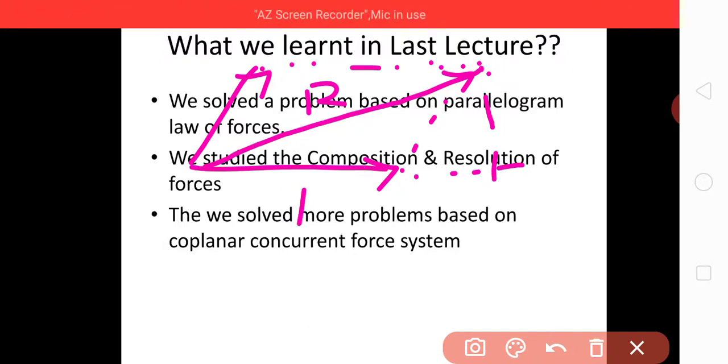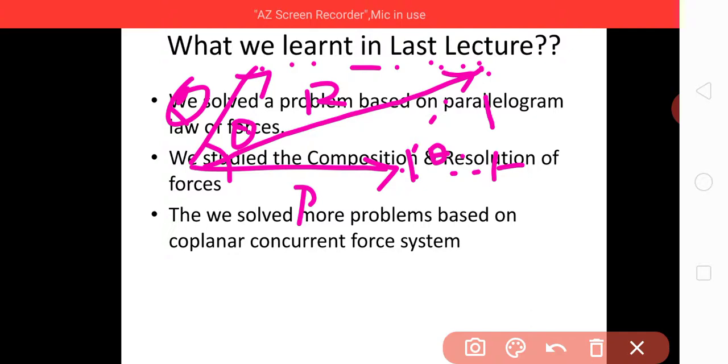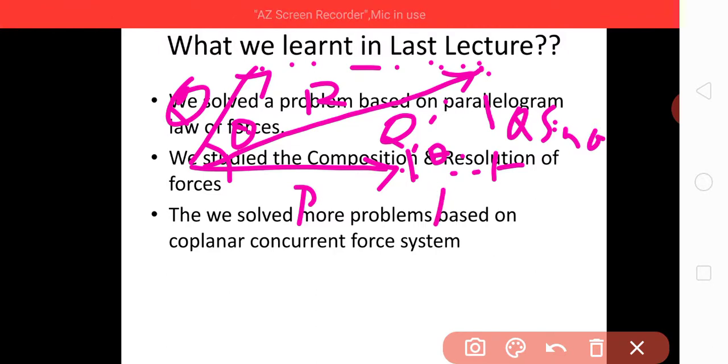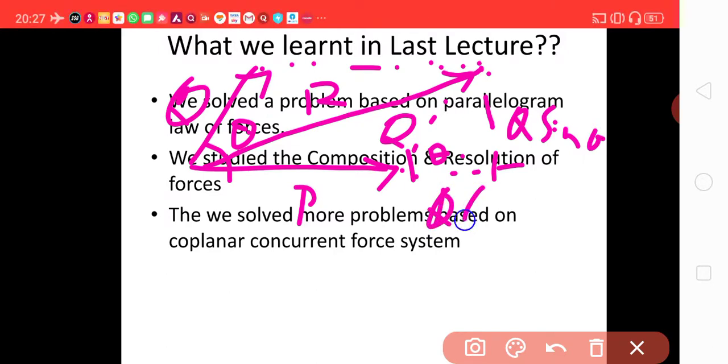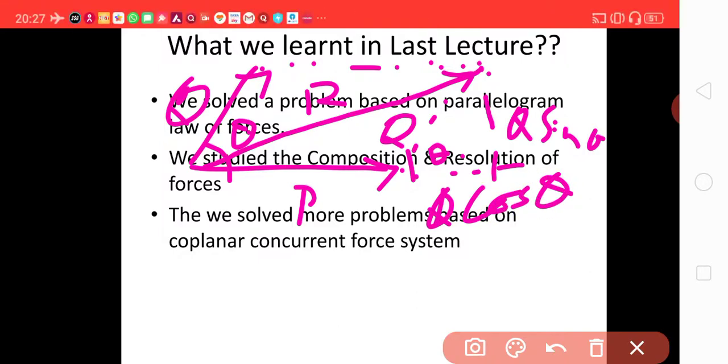This is P and this is Q, making an angle theta. Then this angle will also be theta. This will be equal in magnitude to Q. Then this will be Q sin theta and this will be Q cos theta.